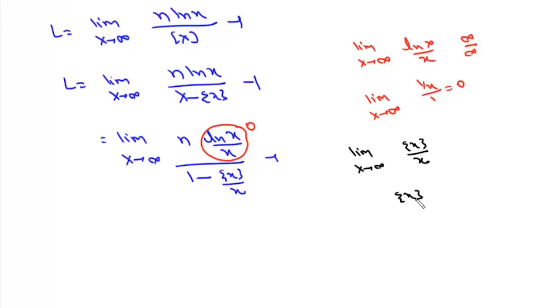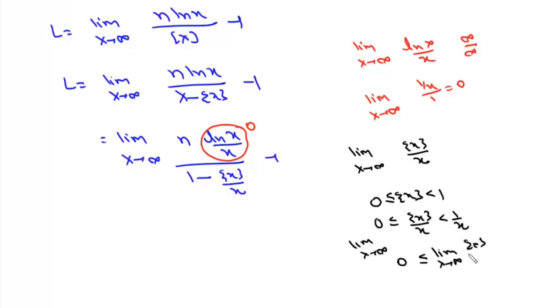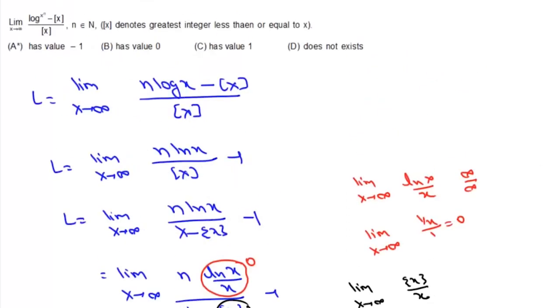Now we know that the fractional part of x will always lie between 0 and 1, and if we divide it by x, then the fractional part of x upon x is less than 1 by x. Now if we take the limit as x tends to infinity, it will be 0, and then the limit of the fractional part of x upon x will be 0. Then from the sandwich theorem we can say that the value of this limit will also be 0. So the answer to this limit is 0 minus 1, which is simply minus 1, and that's your option A.